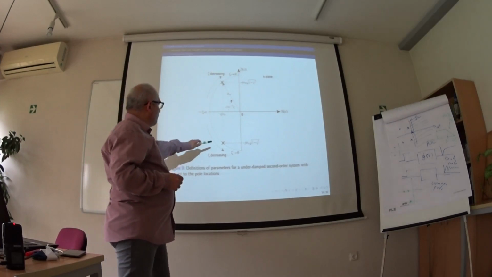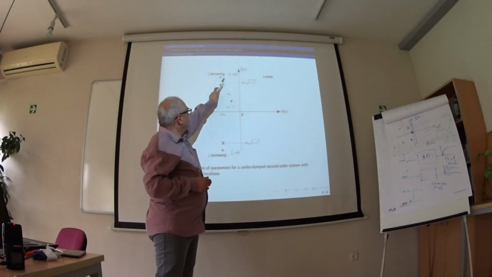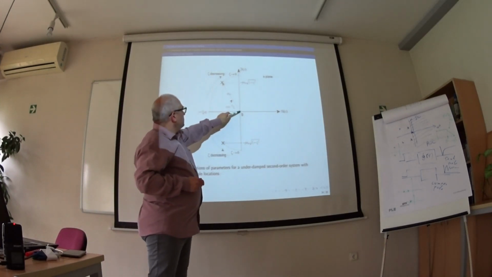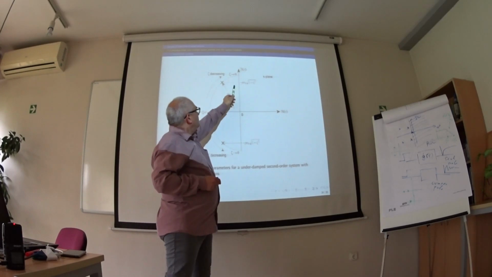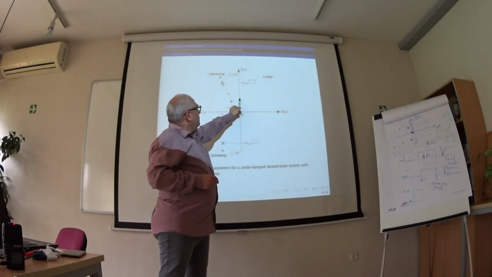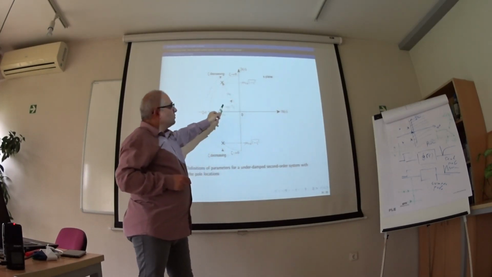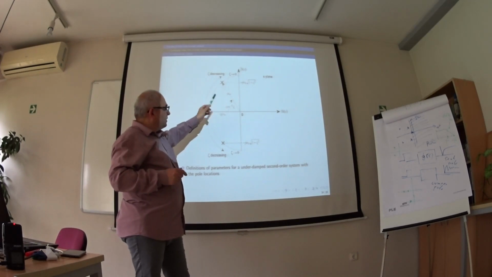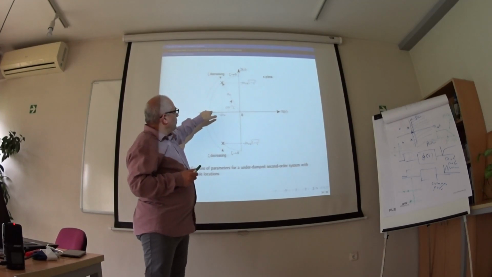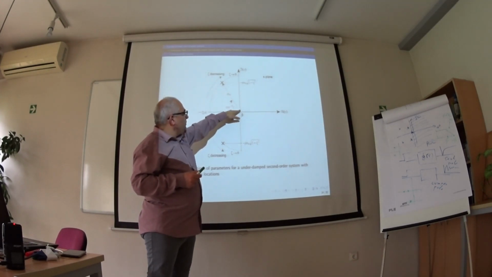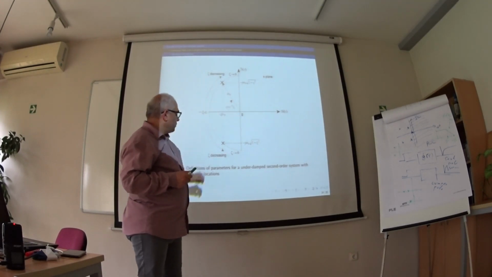We have two complex poles. This diagonal is the natural frequency of the system, and this projection here is the frequency of the oscillations in the output. If the pole is real, no oscillation, because the frequency will be zero projection.